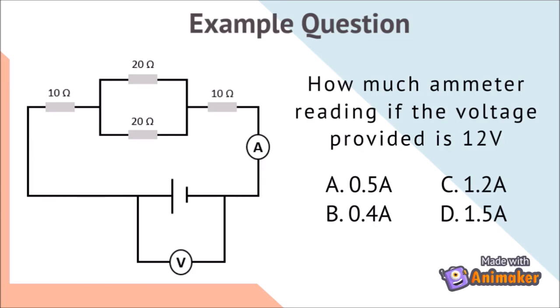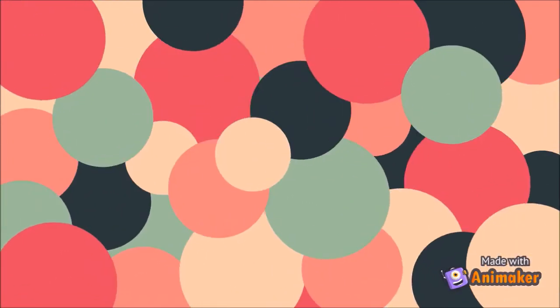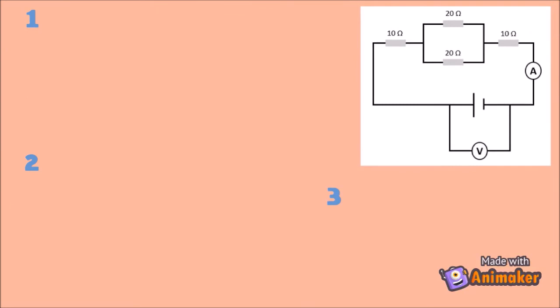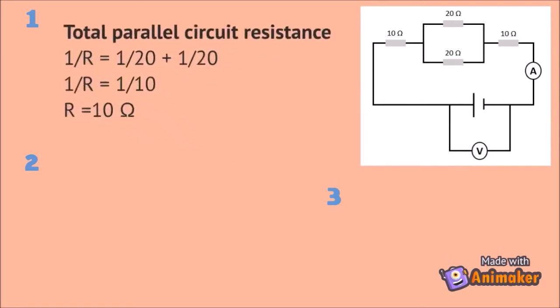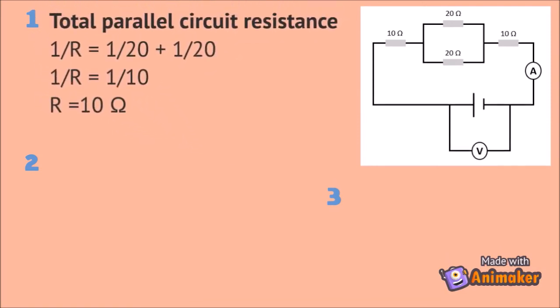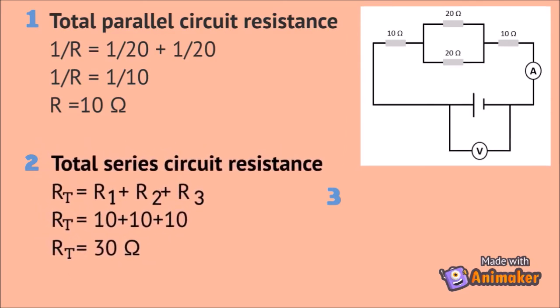So let's do a calculation together. This question wants us to find the ammeter reading or current flow in this circuit. First, we need to calculate the total of parallel resistance. After that, we calculate the total of series resistance.